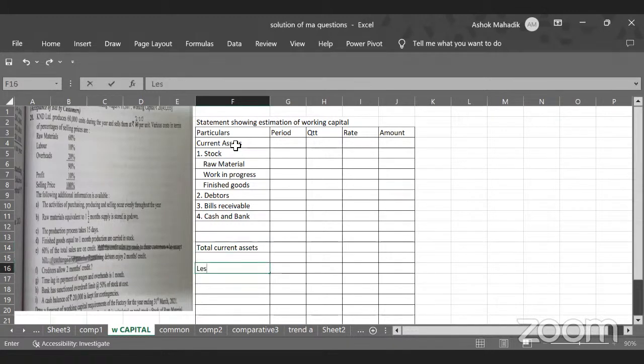Then write less current liabilities. Current liabilities include sundry creditors, bills payable, outstanding labor or wages, and outstanding overheads.